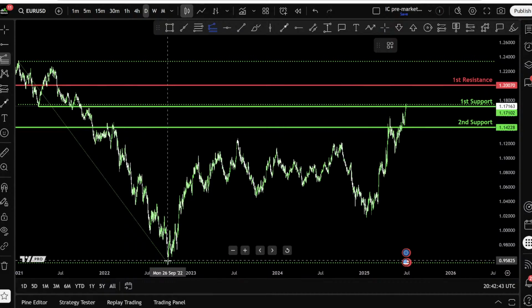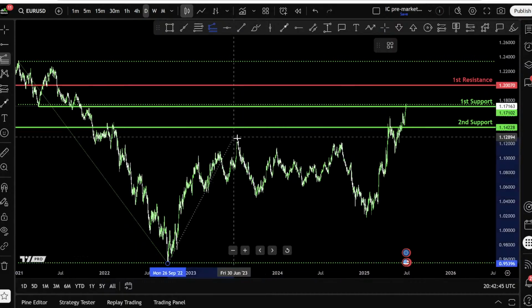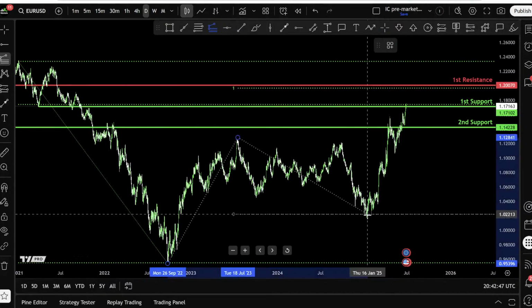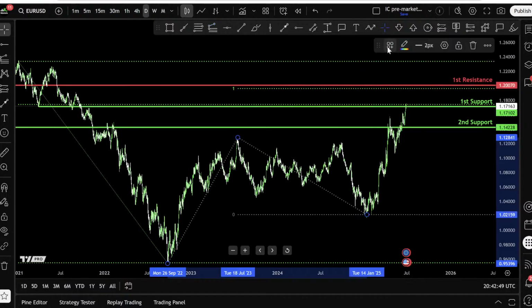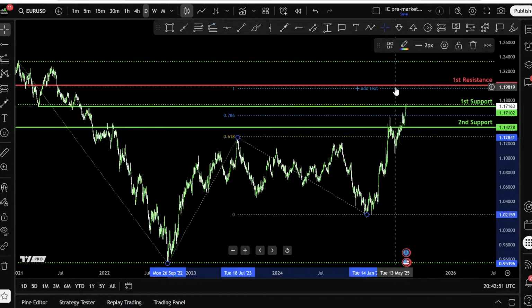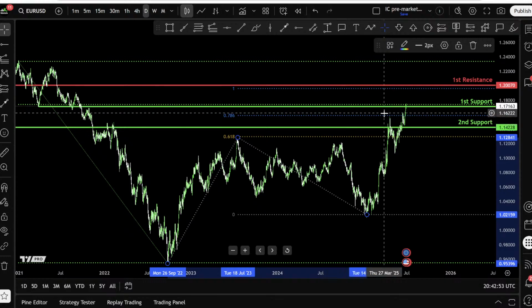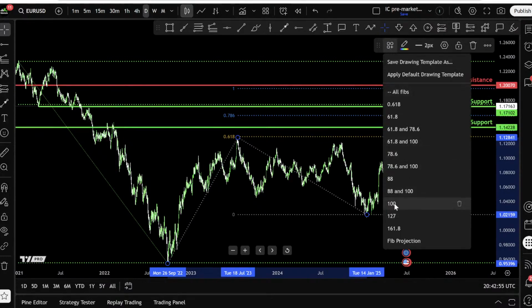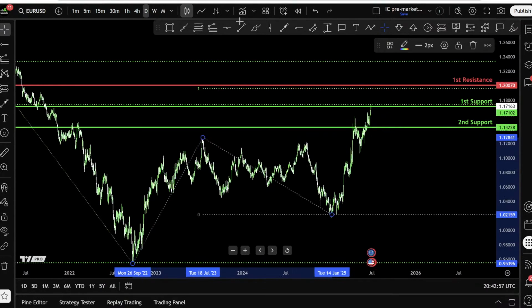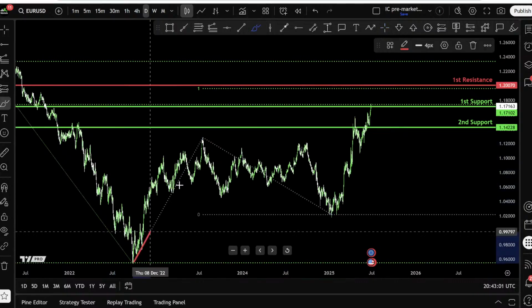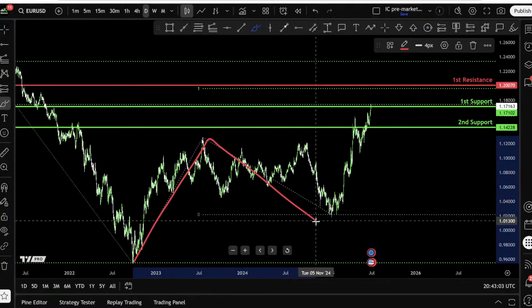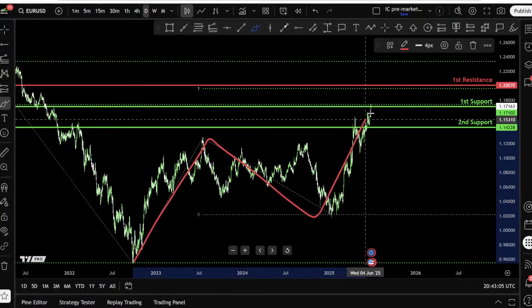Okay, looking at our projections again, 100% lines up nicely with our first resistance. Okay, I'll just keep the 100%. And if you can't see the shape that we're looking at here, it's just this kind of a zigzag shape.